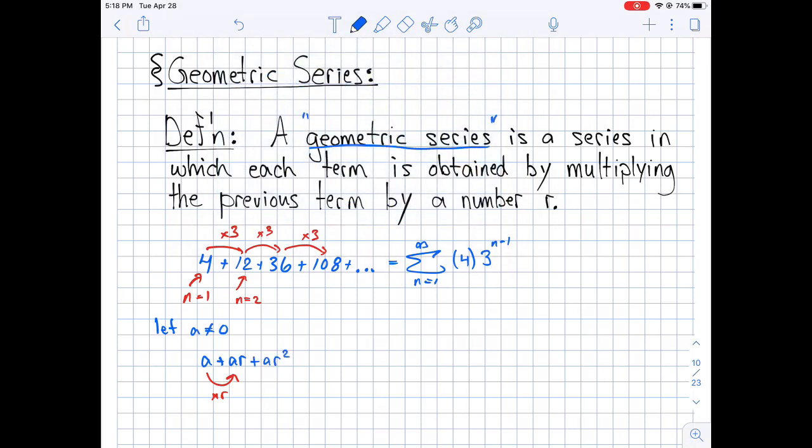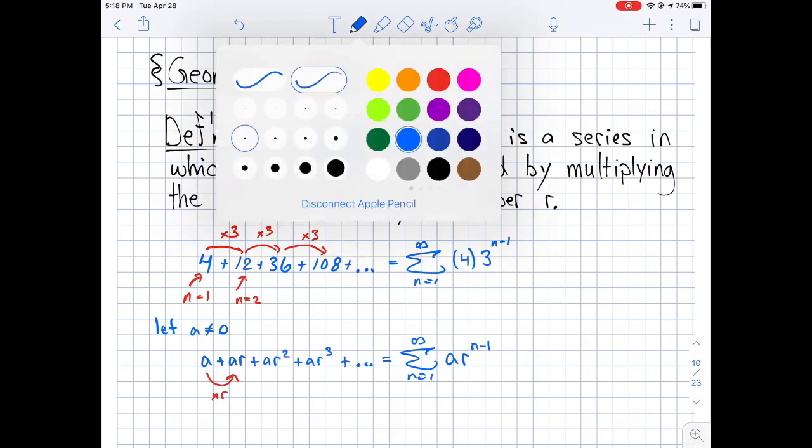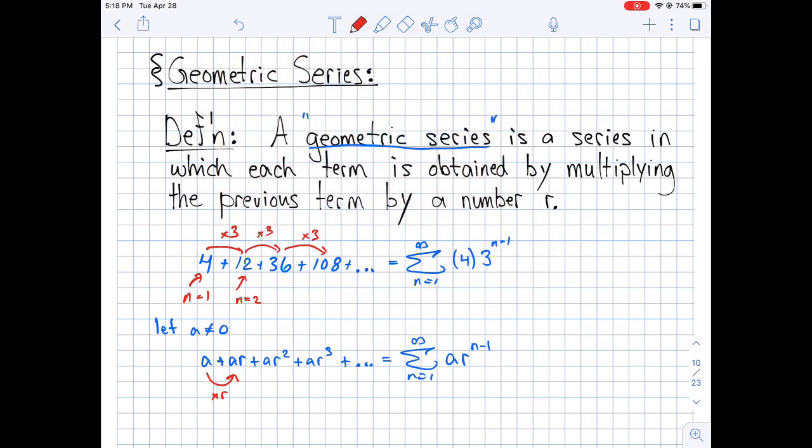We have a times r squared, a times r to the power of 3, and we're going to keep doing this forever. Our counter is going to start at 1 and go to infinity. The first term is a, and we multiply every time by the common ratio, and as n increases, we increase the exponent on that value of r. So here, let's make that note: r is called the common ratio.